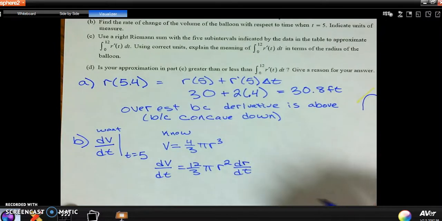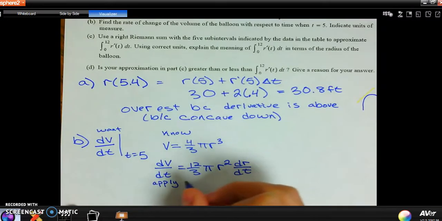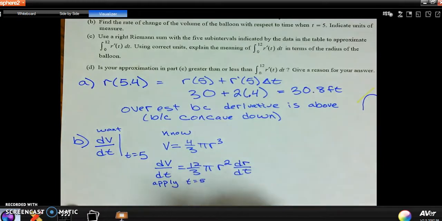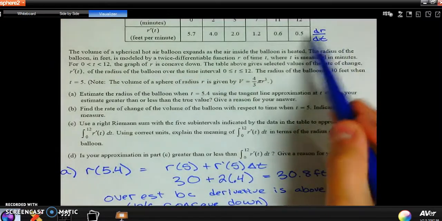And when t equals 5, so now we apply t equals 5, or you could say plug in, okay? So specifically when time is 5, dv dt, well that's going to be 4 pi, that part's easy. Okay, the radius, so we're going to plug in, and keep in mind, back up here, this is your dr dt.